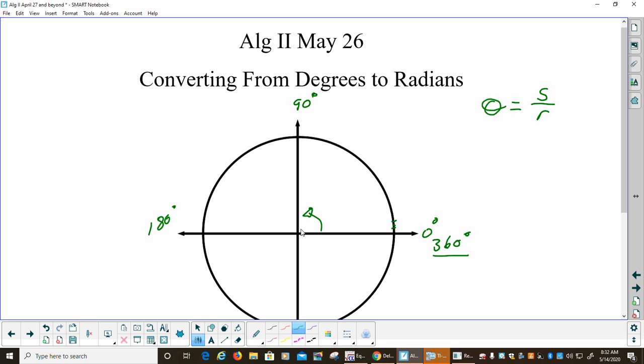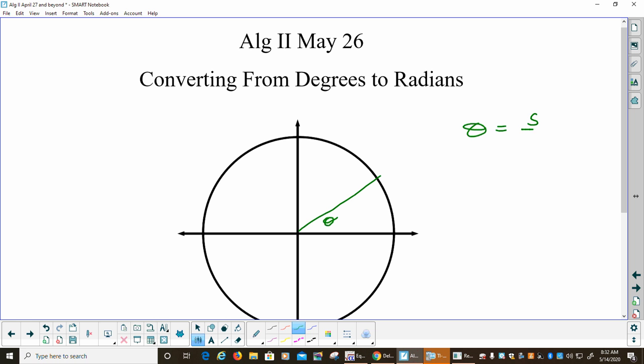So, if I have this angle here, theta is your arc length over your radius. This is your arc length, this piece of the circumference. That's S, and this is your radius.